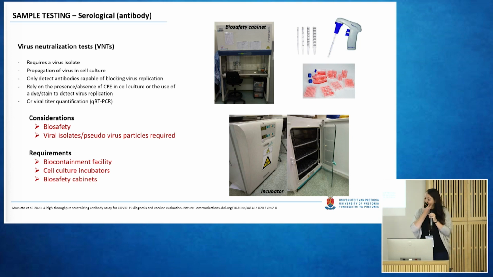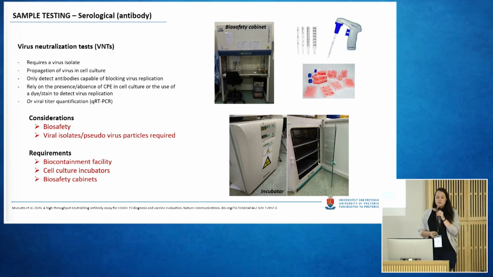Then, just briefly, another approach that can be used is virus neutralization tests. For this, you require a virus isolate or a pseudovirus particle that contains the antigenic sites of the virus that you're looking at. It does require the propagation of the virus in cell culture, but with this assay, you will only be able to detect antibodies that are capable of blocking the replication of the virus, and not any of the other antibodies made for the virus.